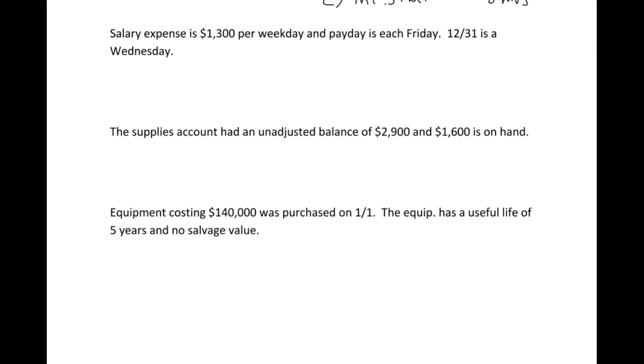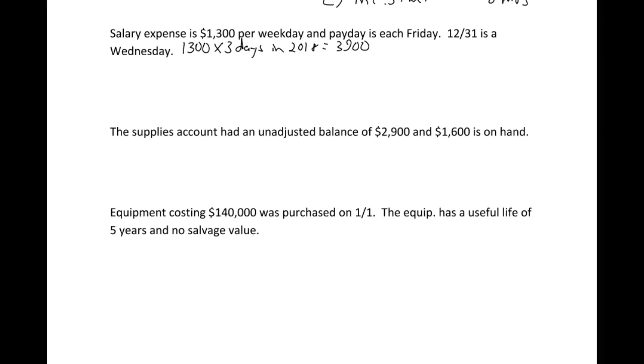So that's what we're concerned with here. All right, so we want to say, all right, they make $1,300 per day times 3 days in 2018. Now, Thursday and Friday, we're going to pay them for that, but that's a different accounting cycle, a different accounting period. All right, so that's going to be equal to $3,900 that relates to 2018.